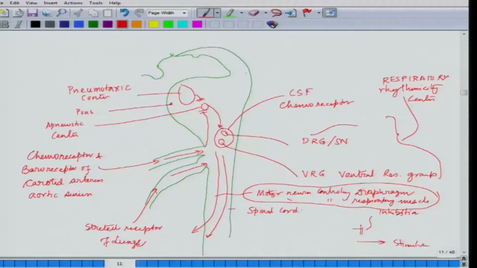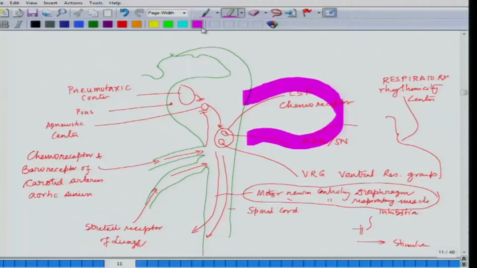So, this is basically the brain stem we are talking about, and behind the brain stem out here, let me use a different color. So, out here what you see is the medulla oblongata, the highlighted part I drew just now, and it is controlled by the higher centers of the brain.